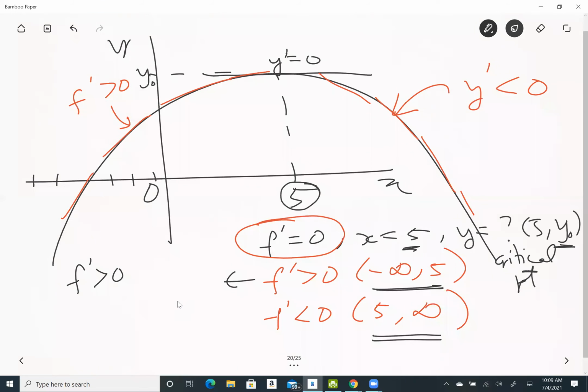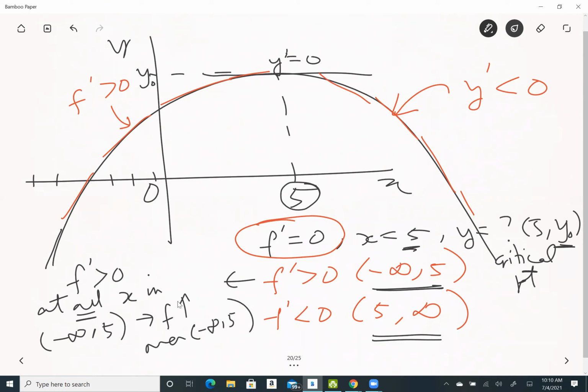The slope is positive at all x in the interval negative infinity to 5. So we say f is increasing over that interval.